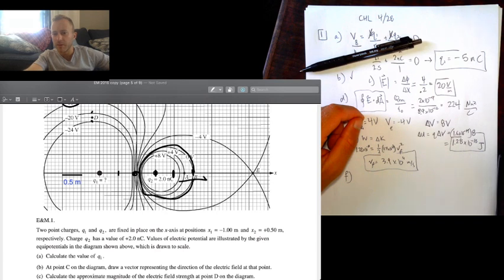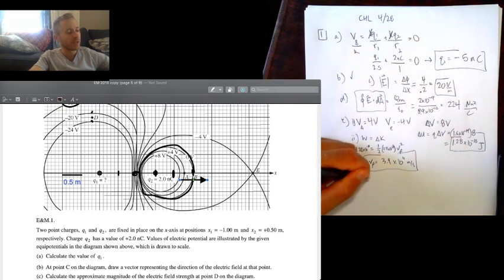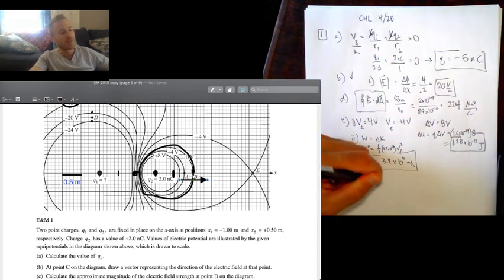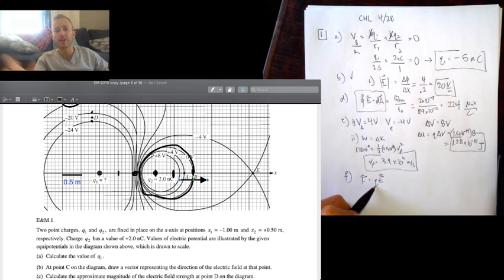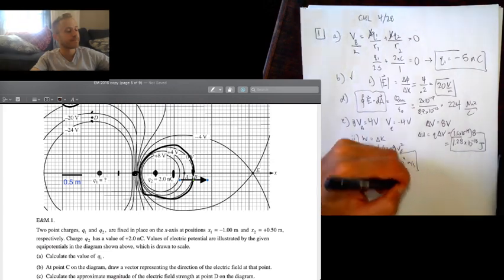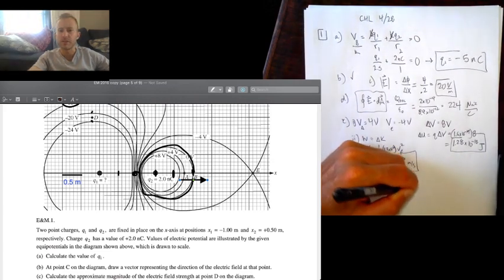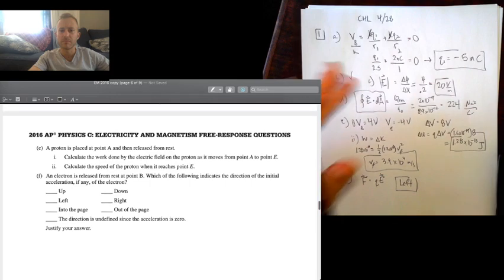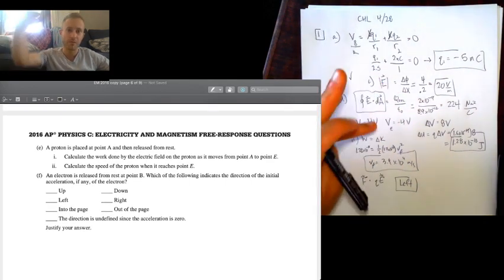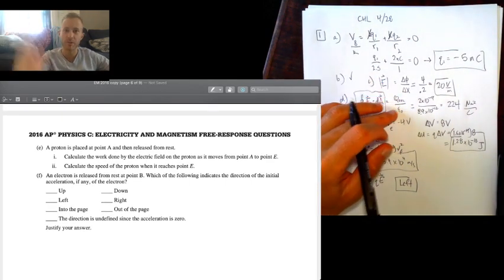So the electric field is pointing to the right at point A. Electrons, so you might recall that F equals QE. Electrons have negative charge, so they go in the opposite direction of the electric field. So there will be a leftward force on an electron, which means its acceleration will be to the left. This is neglecting gravity.